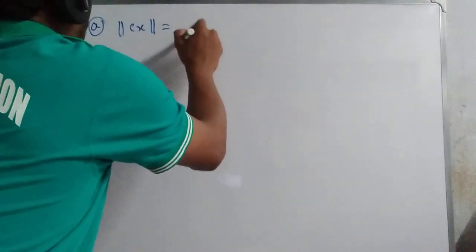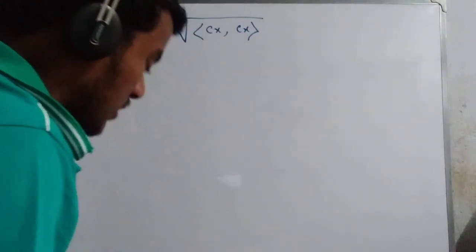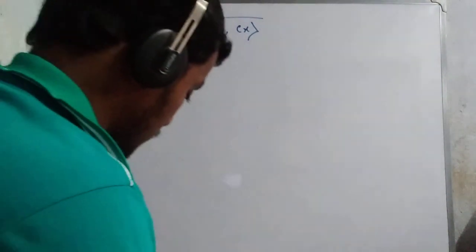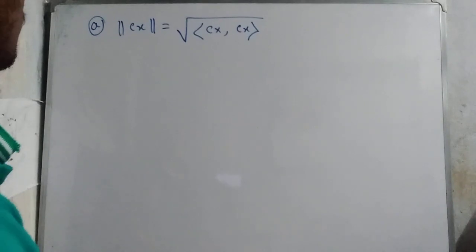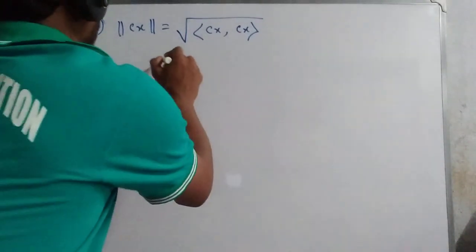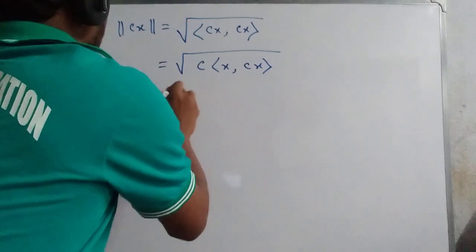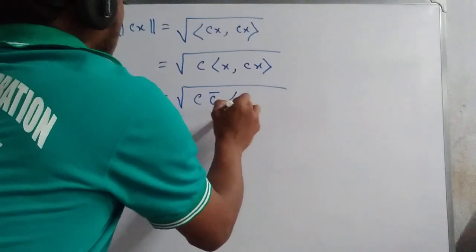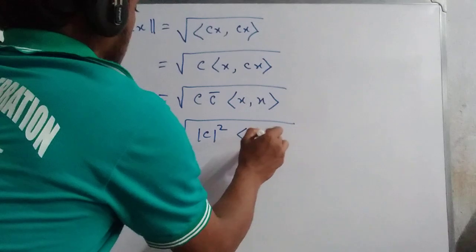Here we write that norm of cx equal to the square root of inner product of cx with cx. Then we write c times c conjugate, which is mod of c square, times the inner product of x with x.